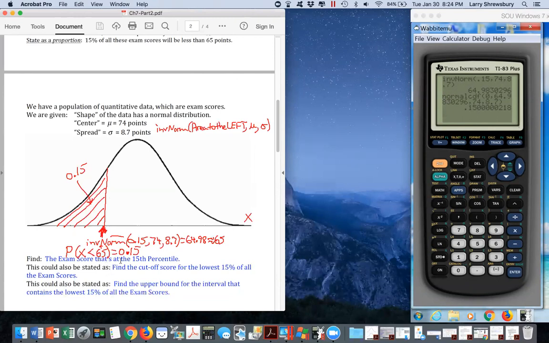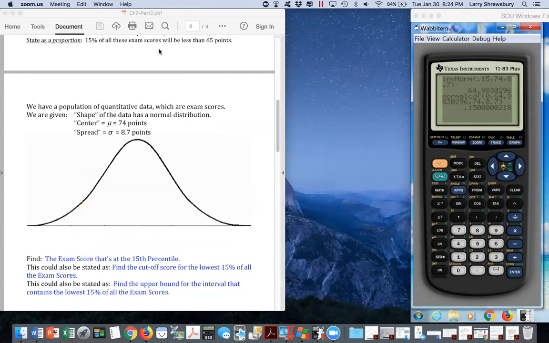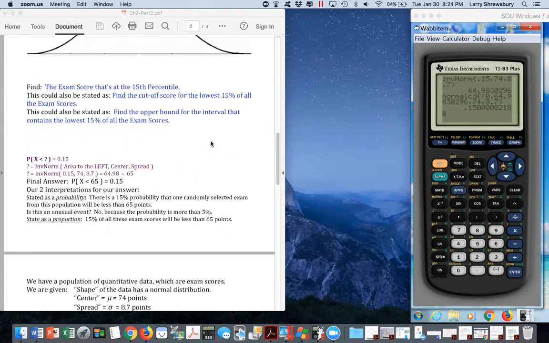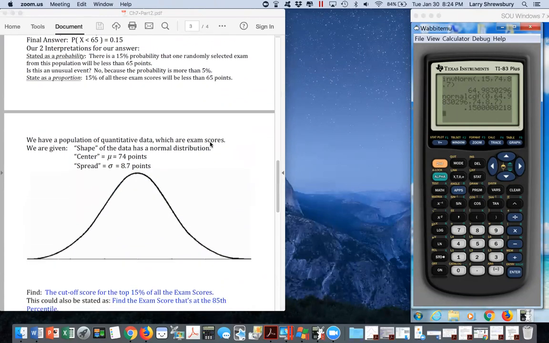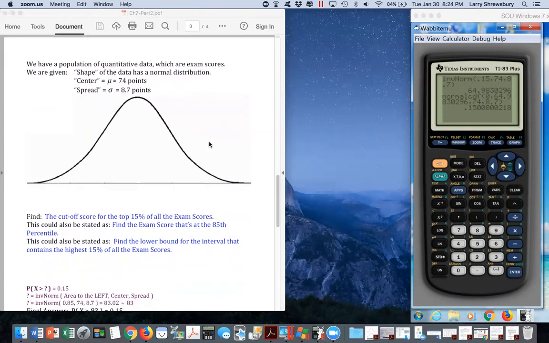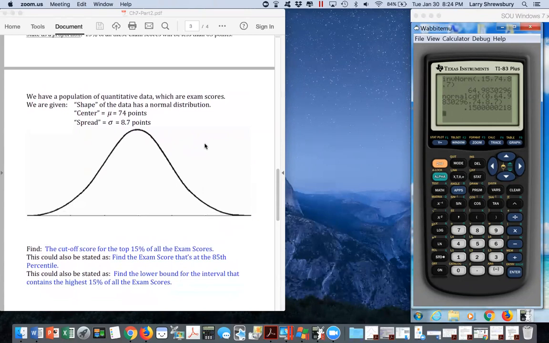All right? So let's try another one. Let's clear my drawing here. Now we're going to find the cutoff score for the top 15%.